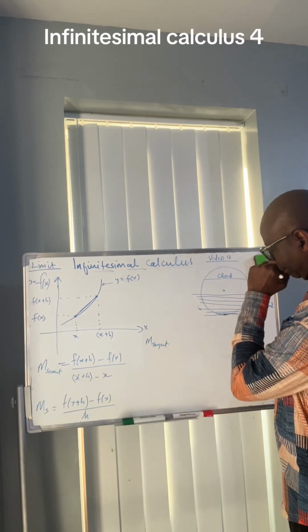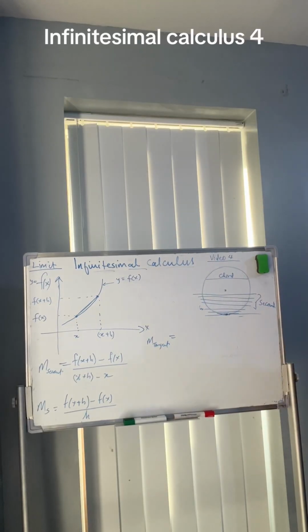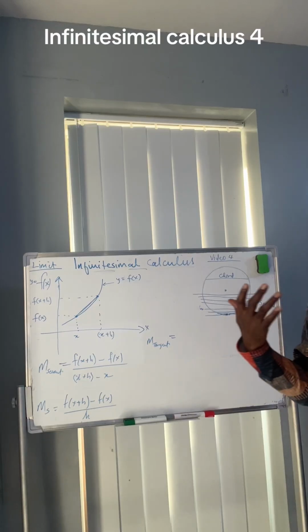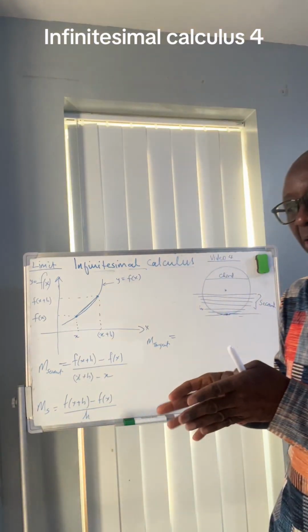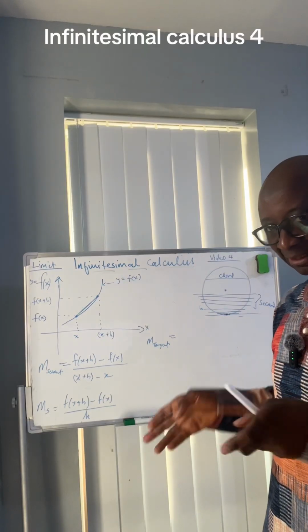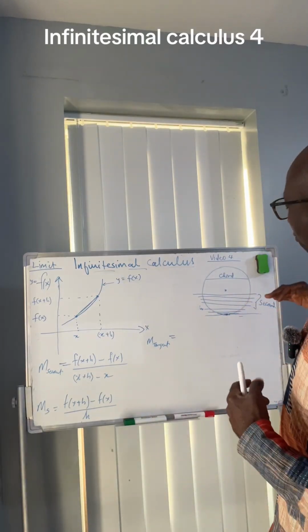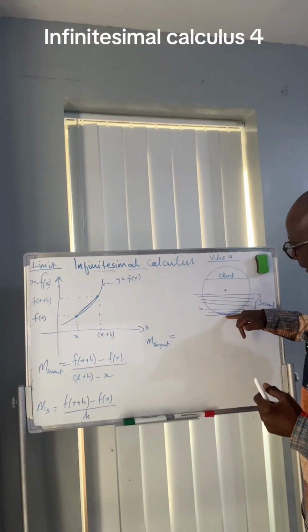What does that mean? It is when this distance keeps decreasing, approaching the point we want, that is, approaching zero. Remember when we talk about instantaneous speed, the time interval is zero there.